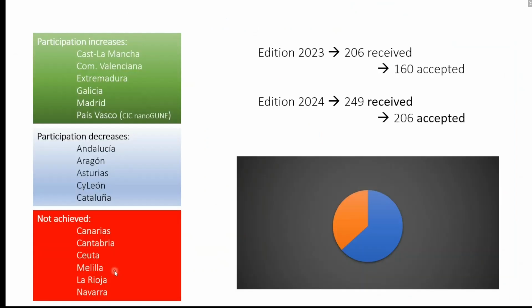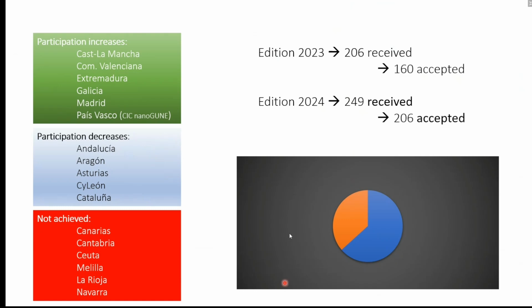But even so, we still have problems reaching students from regions like Canarias, Cantabria, La Rioja, Navarra, and there are also problems with participation from Andalusia, Castilla y León, or Catalonia. In the first edition we received more than 200 videos, but only 150 were accepted, and in the last edition we accepted more than 200.